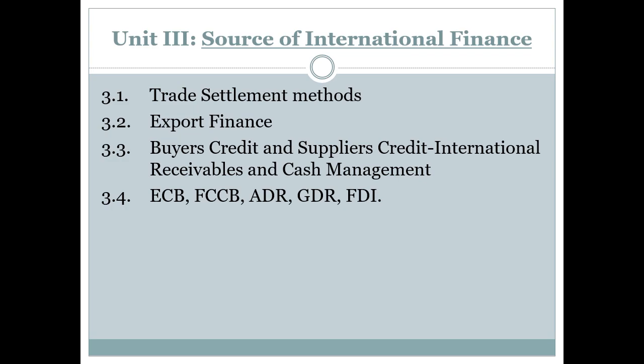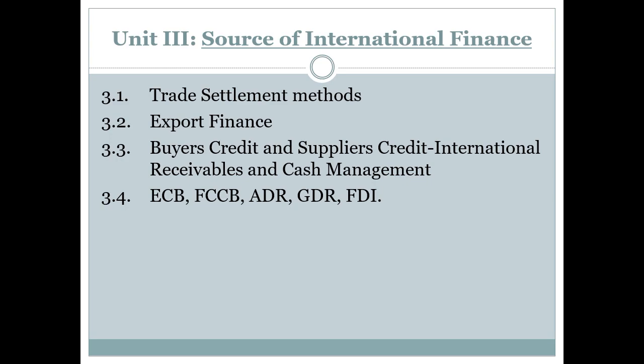Now, what does source mean? Source means all those points through which we can generate international finance, or the different methods through which we can readily get finance or funds.